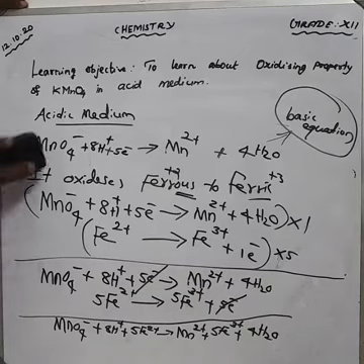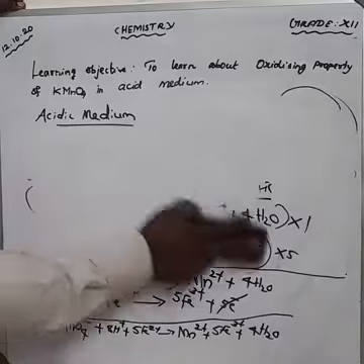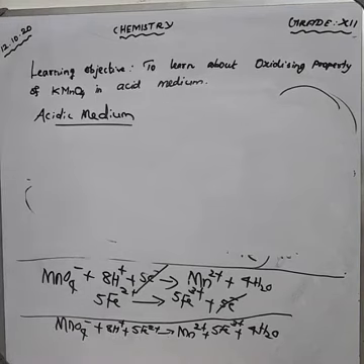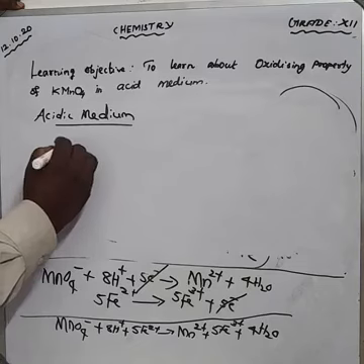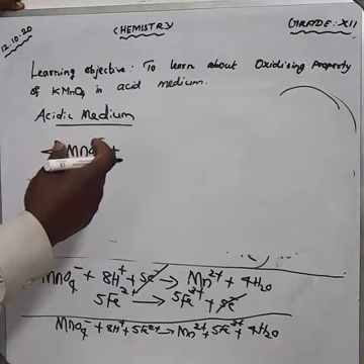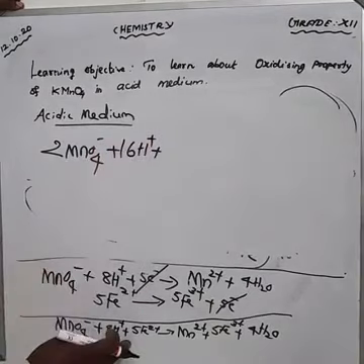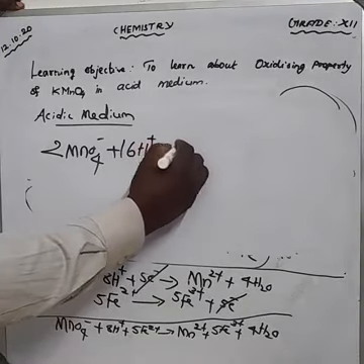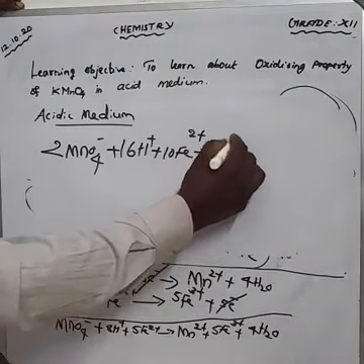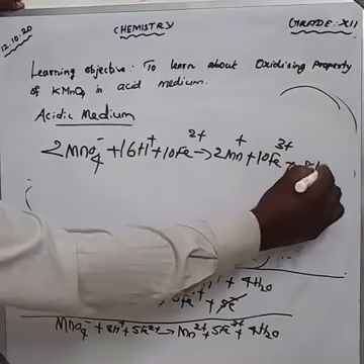Actually, the previous one is also a correct answer, but as per our textbook, we are going to write the double, that is 2 MnO4 minus plus 16H plus plus 10 Fe2+ gives 2 Mn2+ plus 10 Fe3+ plus 8H2O.